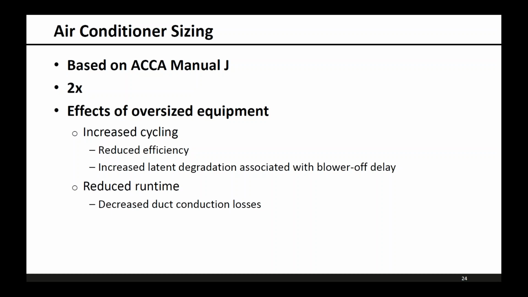The reason we're interested in oversized equipment as it relates to indoor humidity is that the oversized equipment will have increased cycling, which reduces efficiency and also increases latent degradation associated with the blower off delay, which I'll talk about in a few slides. Also, the reduced runtime of oversized equipment can decrease duct conduction losses, which is important when the ducts are located in unconditioned space.